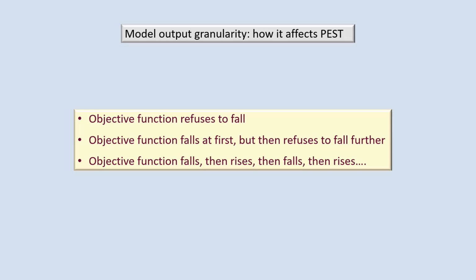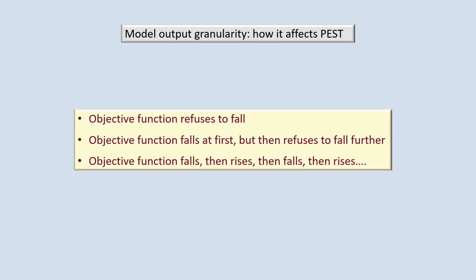Or the objective function will fall rapidly at first and then stop falling like it's hit a hard bottom. Or it'll fall and then rise, and then fall and then rise. All these are indications that something seems to be wrong with respect to differentiability of model outputs with respect to parameters, and PEST performance is suffering as a result.